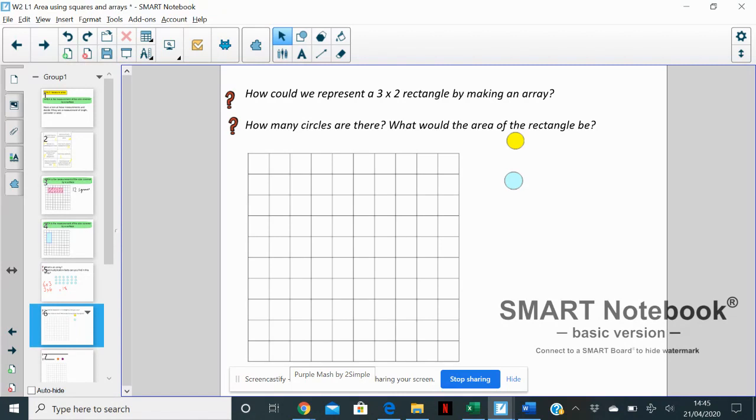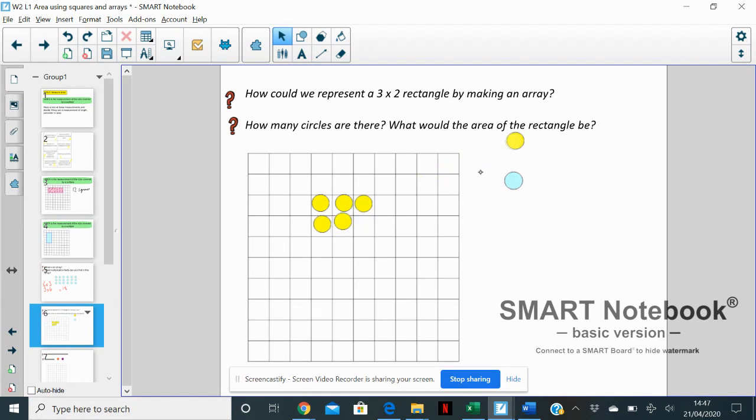Then we're going to think, how many circles are there and what would the area of the rectangle be? So I am going to make an array on my grid using these circles. So I know it's going to be 3 by 2. So I'm going to drag 3 going along, and I need 2 rows of that.